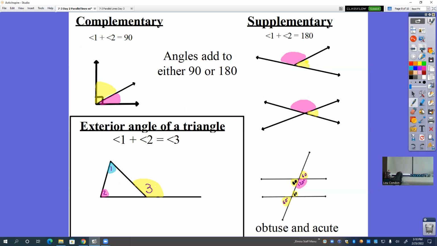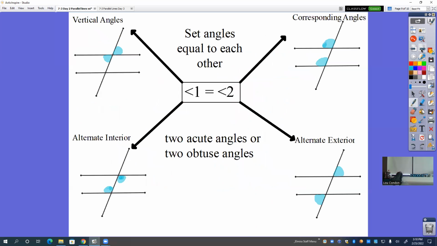Okay. So just a quick review of everything that we've gone over. Complementary angles are when two angles add together to equal 90 degrees. Supplementary angles are angles that add together to equal 180. Vertical angles are angles that are directly across from each other. They are equal. Corresponding angles are angles that are in the same position, but on opposite lines. They too are equal.